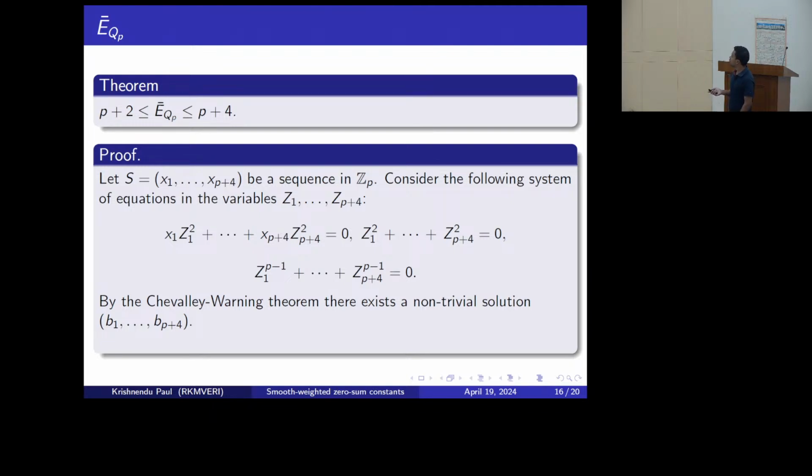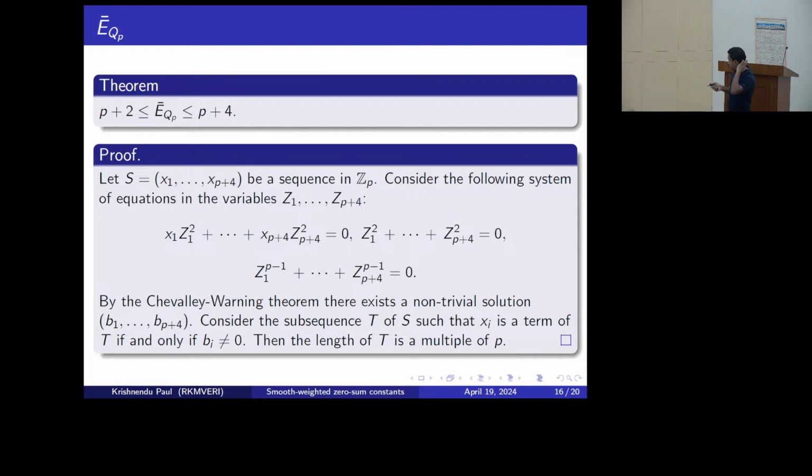Now we are taking a subsequence T like previous one, those xi corresponding to which bi not equals to 0. Now the third equation, if we put the non-zero bi in the third equation, then we get 1 plus 1 plus ... equals to 0.